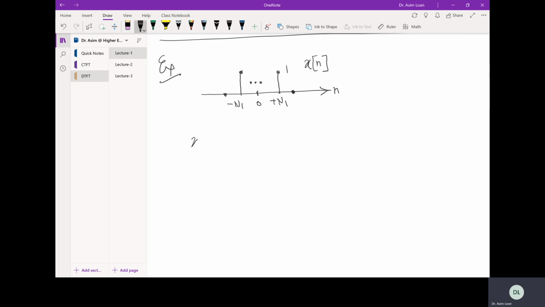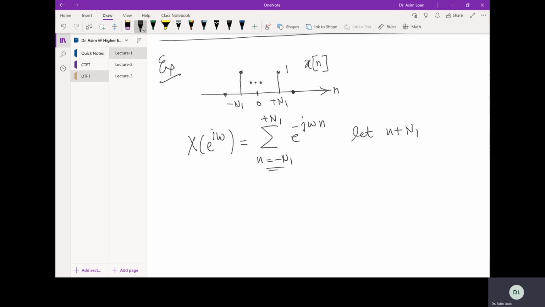So x of e j omega is the sum for n equal to minus n1 to plus n1, because it's 0 outside, of 1 times e minus j omega n. So again, I do the same trick. I say let n plus n1 be equal to some p, because I only know the summation for the geometric series when the lower limit is 0.